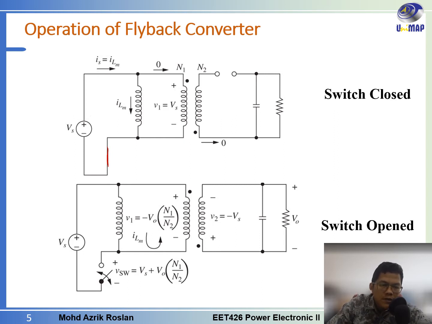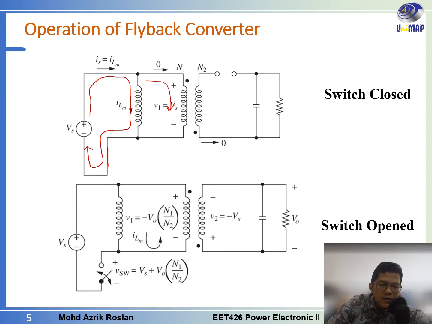So what will happen is the current will flow like this into the magnetizing inductance. Okay, come back here. And then you can ask, how about this particular loop? Does the current flow through this? You have to remember, when you deal with the transformer, you have to look at the output side as well.